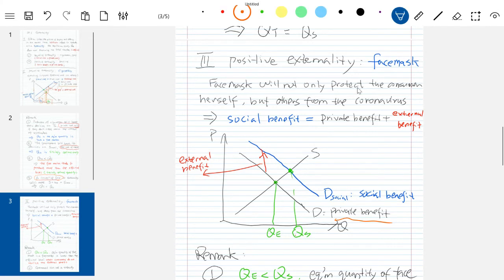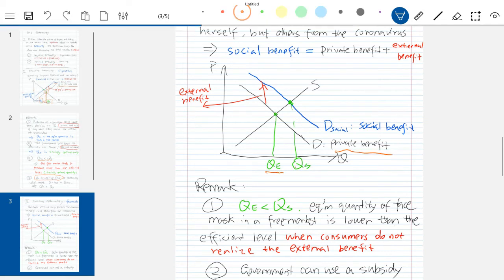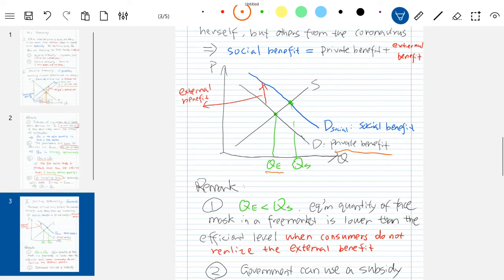In this case, similarly as before, the intersection of the private supply and the demand function that reflects the private benefit would determine the market equilibrium QE. However, this QE will be inefficient, because the efficient level of face masks is determined by the social demand function and the private supply function, which is what we call QS.